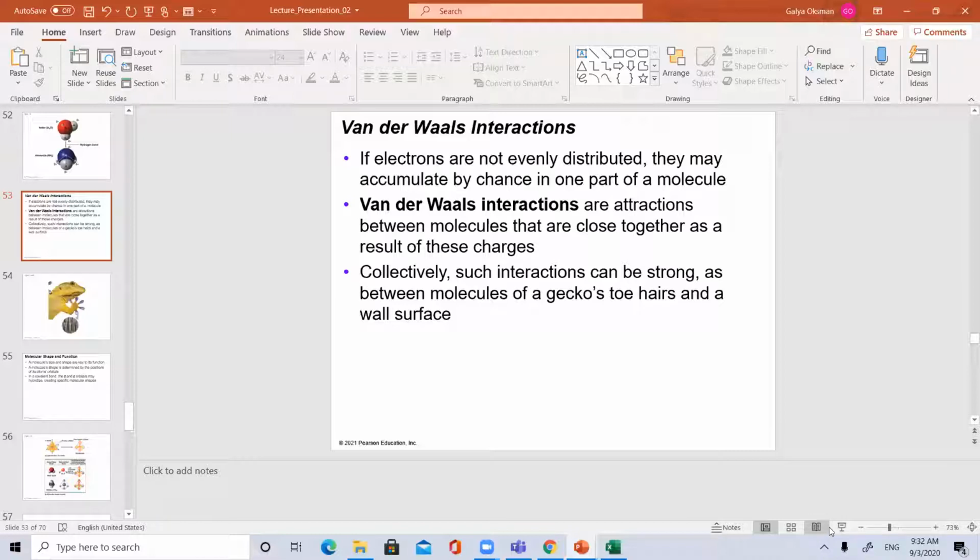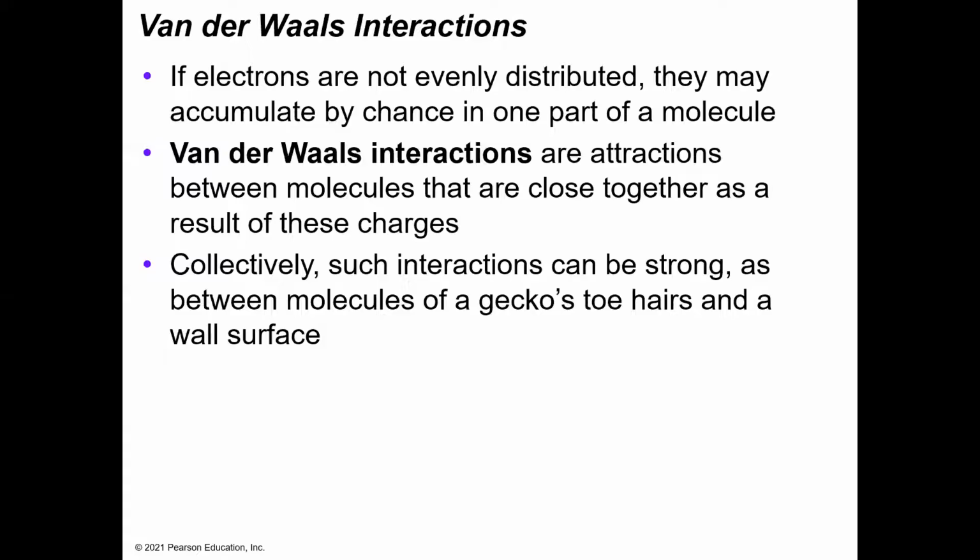This is called van der Waals interactions. Van der Waals interactions are, if you talk about a polar molecule, with the distribution of charges, the distribution of electrons, not being the same. Sometimes they tend to accumulate in one part of the molecule.